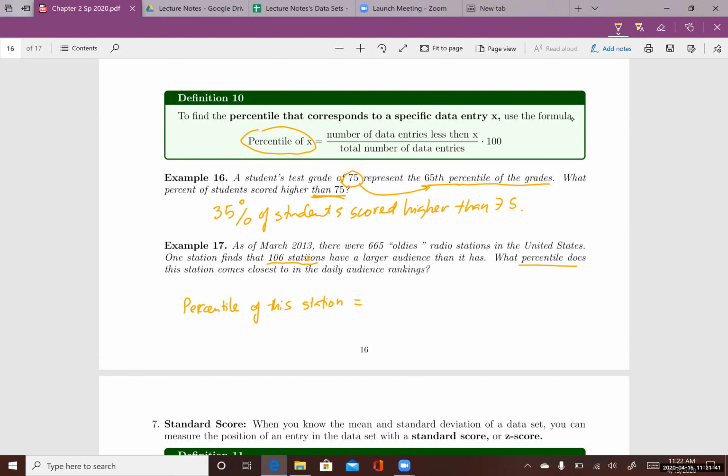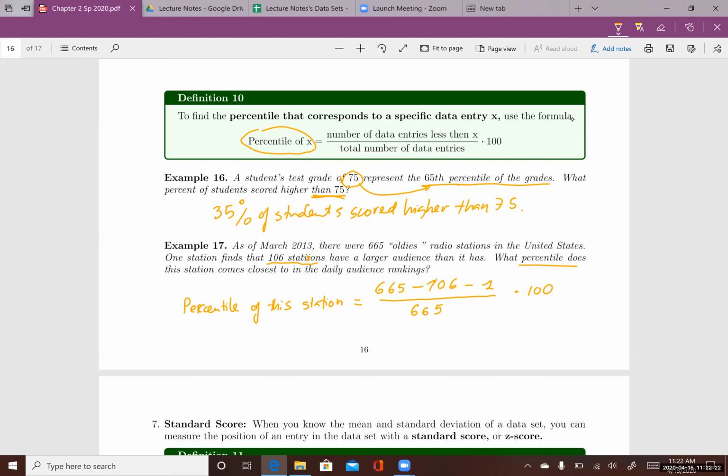That means you take 665 minus 106 and minus 1, which is the station that we are looking at, and then you divide by 665. So this is the total number of stations, this is the number of stations that have a larger audience, and this is the station itself. That gives the number of stations with a smaller audience, which you divide by the total number of stations and multiply by 100.